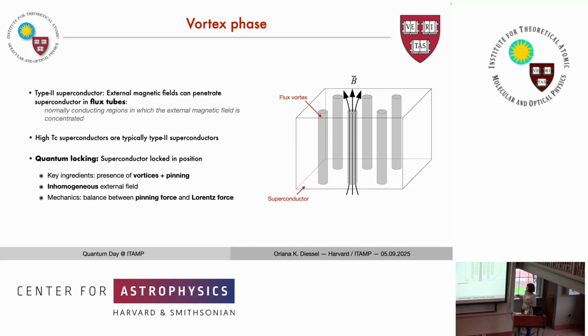This electric potential would want the currents outside these vortices to move. But they cannot, because they're pinned. And so this gives rise to quantum locking. But we only see it if we put our superconductor in an inhomogeneous field. In a homogeneous field, we could still move our superconductor. And this is something we will demonstrate now, or Ruben will demonstrate now.